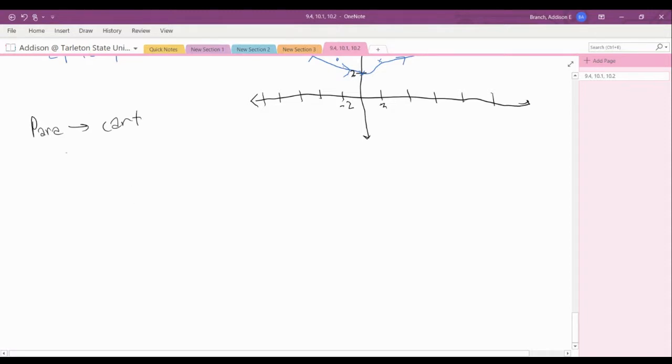Usually what you're going to do, if you want to do that, is solve for t in one equation, and then plug that into the other.